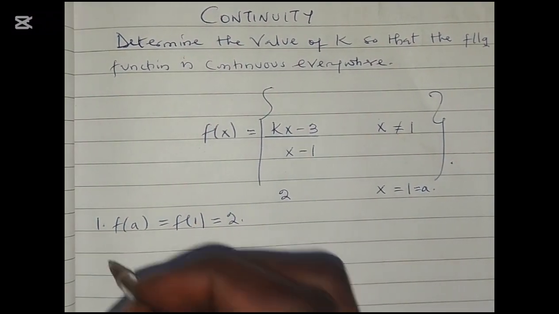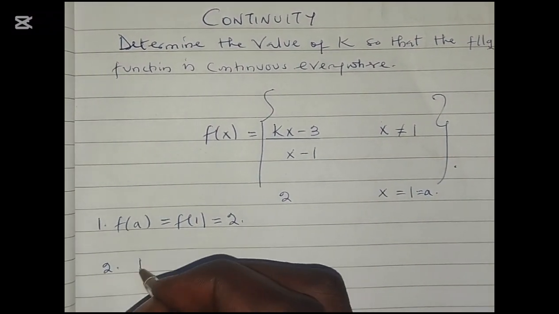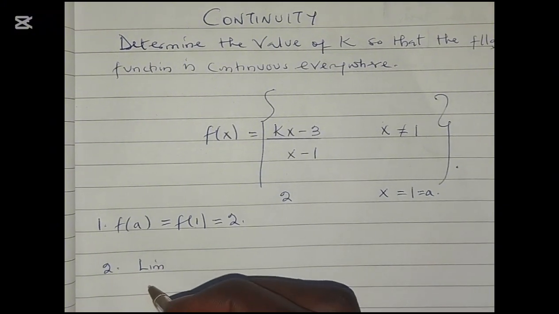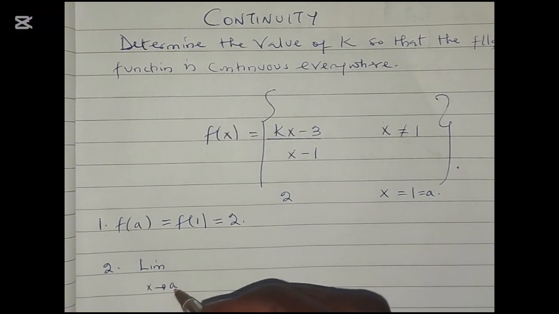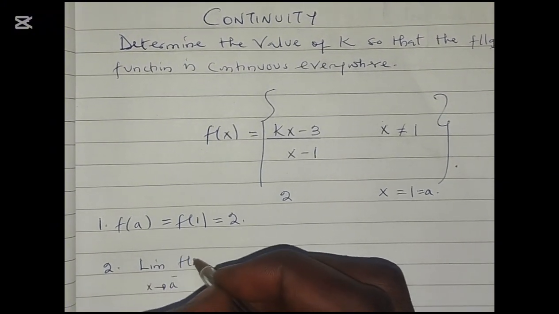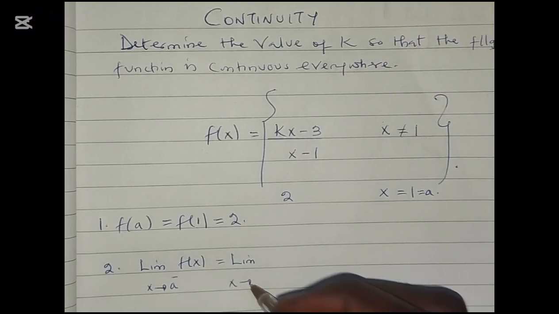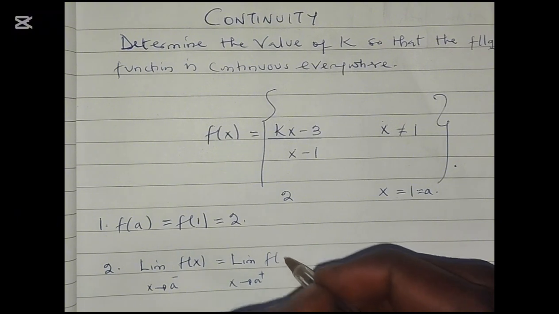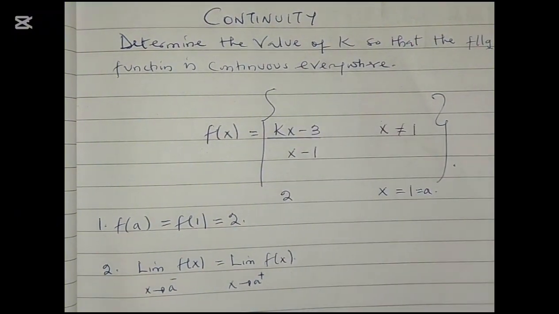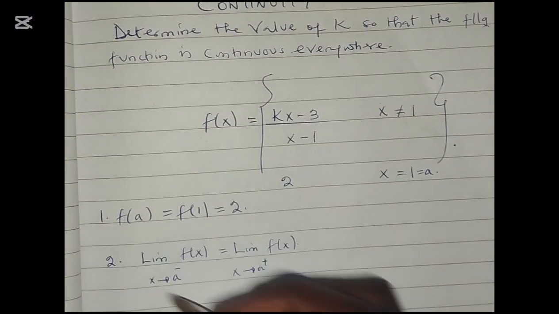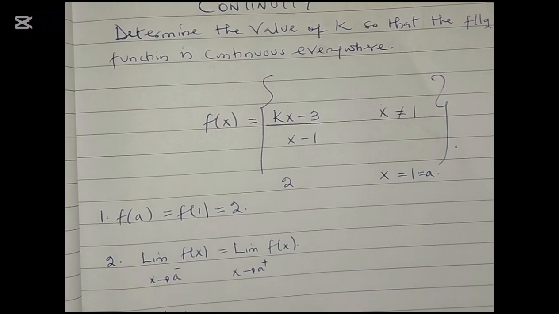That's our first condition. Now the second one says that the limit must exist from both sides. The limit as x approaches a from the left must be equal to the limit as x approaches a from the right of f of x. But we don't even know what this k is, so let's see what is happening here to find the limit to begin with.